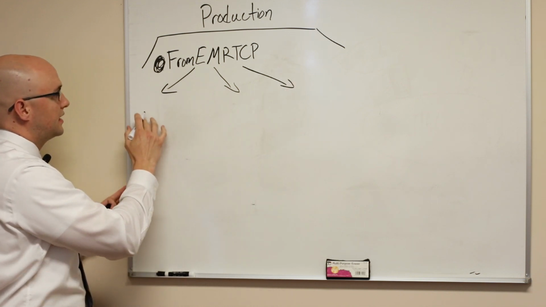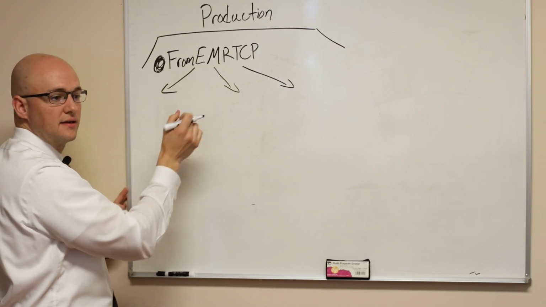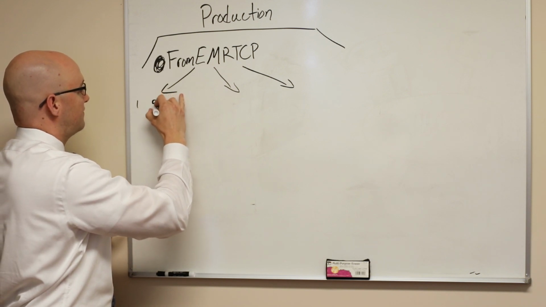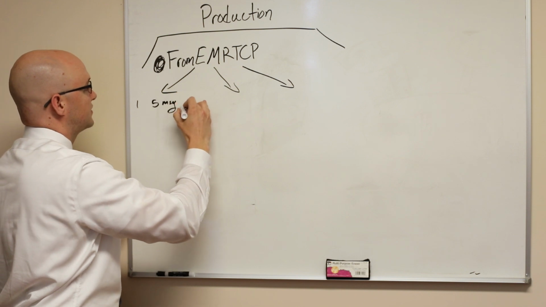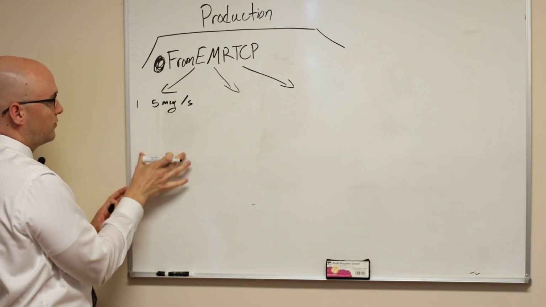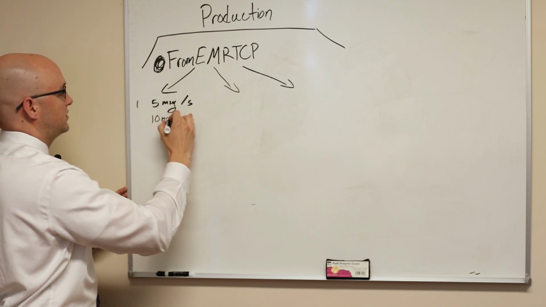Basically, what it does is every second it says, okay, second 1, I processed 5 messages. So this is like the per second table. Okay, and then it makes more entries. The next one, I processed 10 messages.